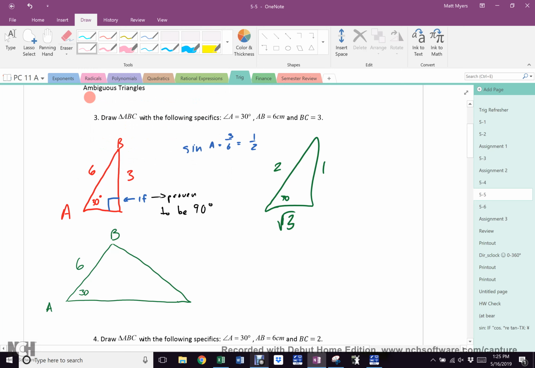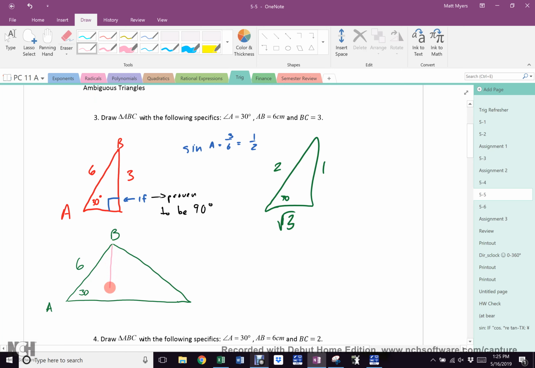What did we put in yesterday so we could learn sine law? What did we draw in there? We put the line down the middle. What's that called? Starts with an A, altitude.